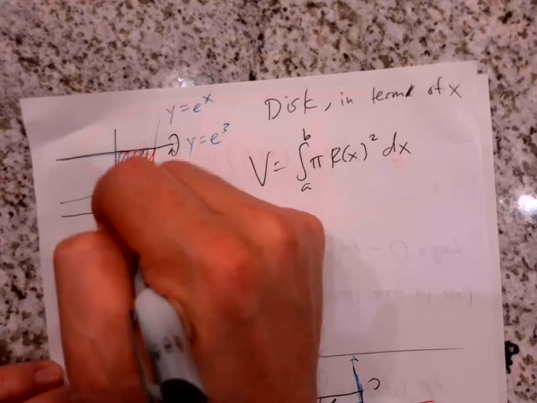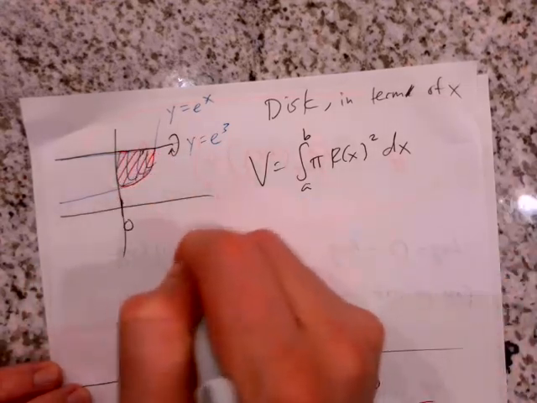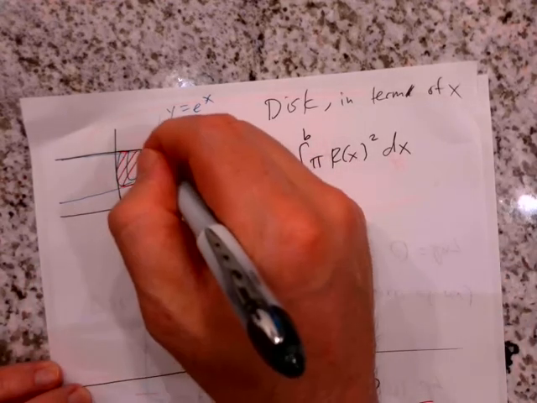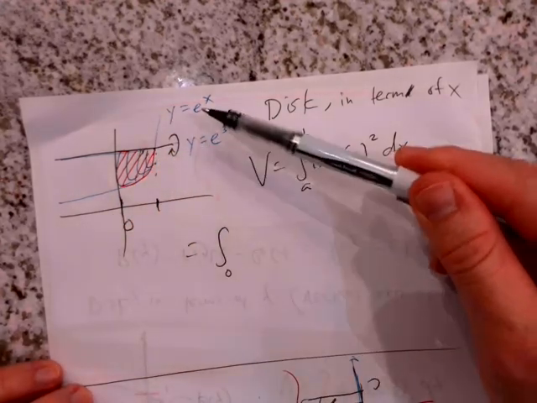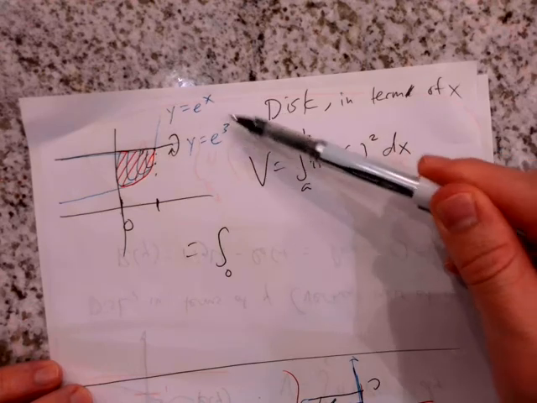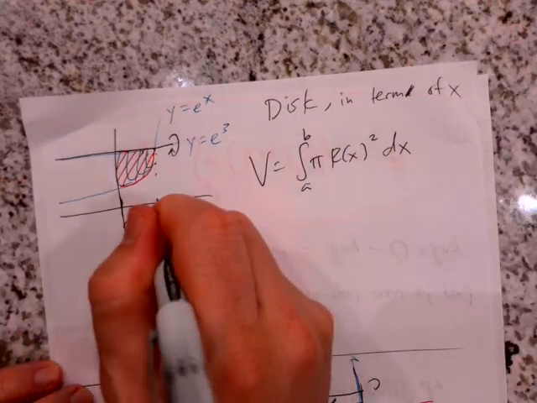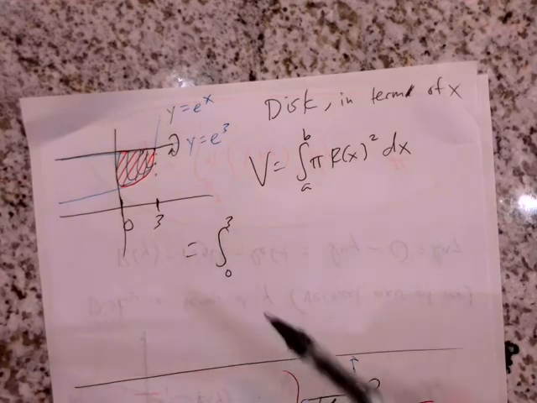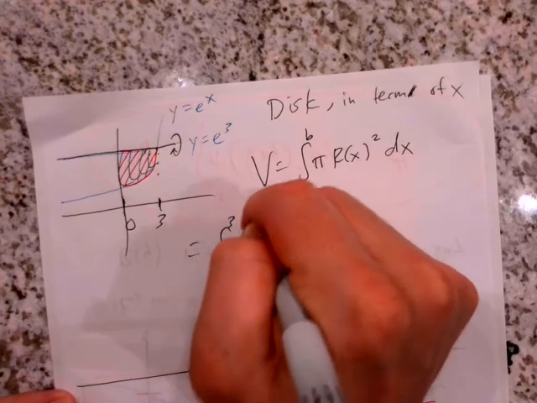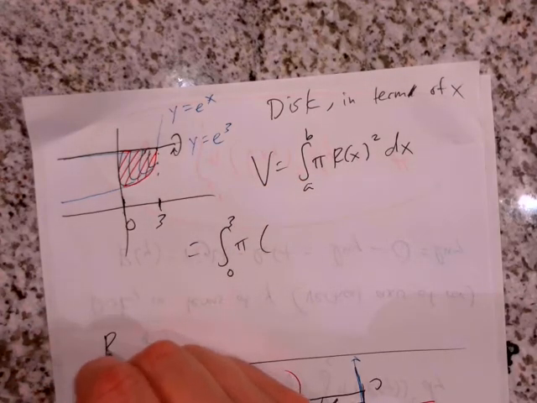What are the bounds? Well, the region starts right there, which is 0, and it finishes right here. This is where e cubed and e to the x intersect. That means x equals 3. So our region goes from 0 to 3, because the bounds are always the start to the finish of the region, times pi. Now what's r of x?